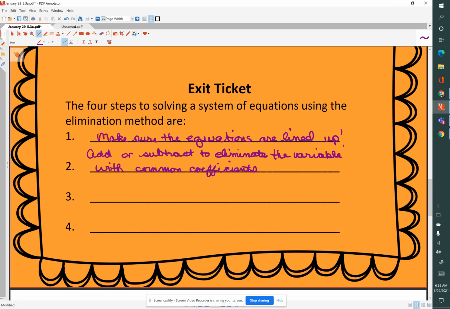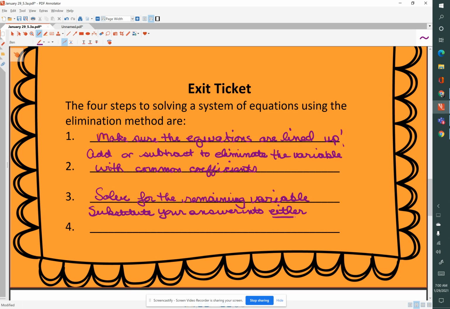Then solve for the remaining variable. And finally, substitute your answer into either original equation and solve for the other variable. It doesn't matter which one you choose, always choose the easiest.